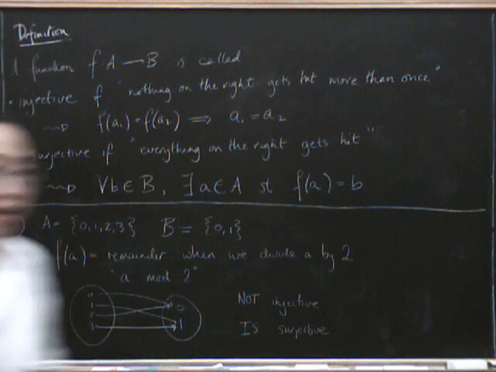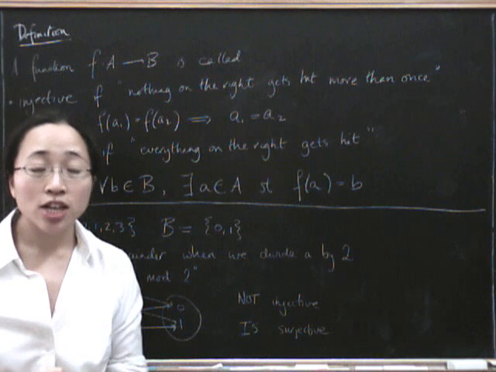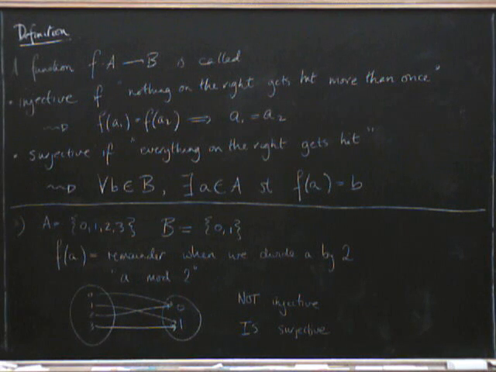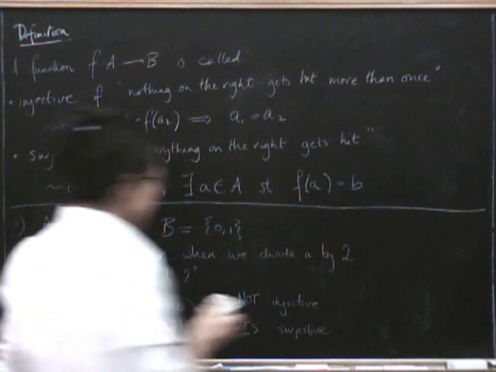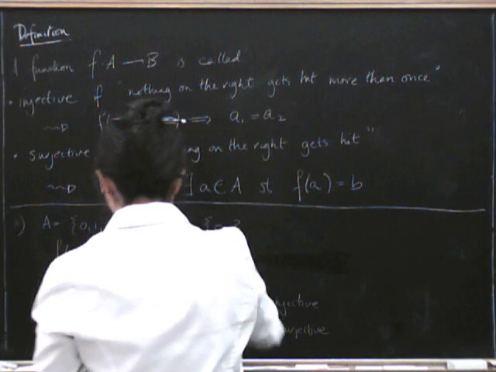Now, more generally, we could do this for doing the integers mod n in general for any n, and we would get something very similar. So let me just wipe that out to make a little bit of space.